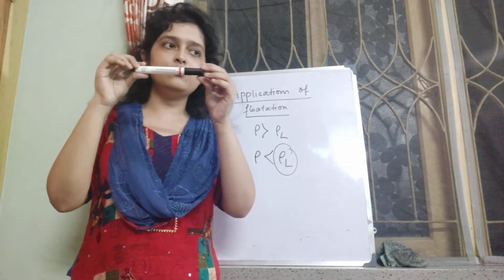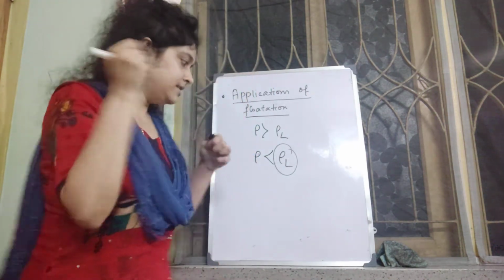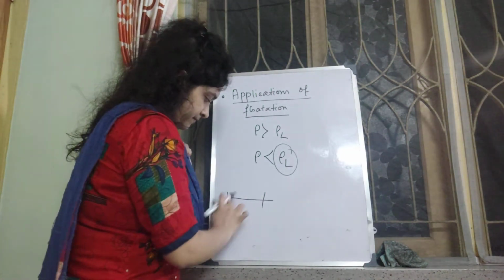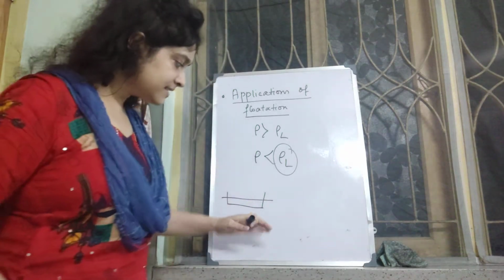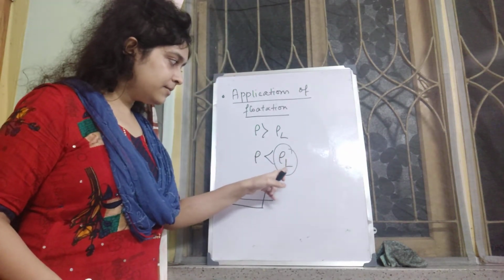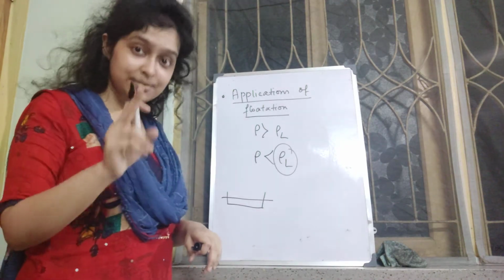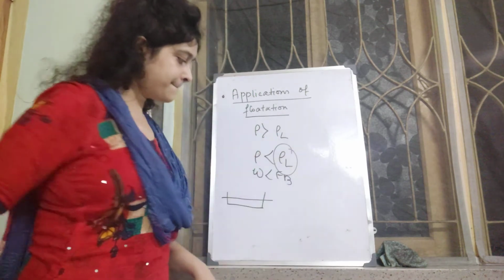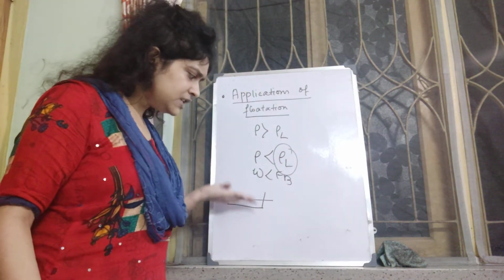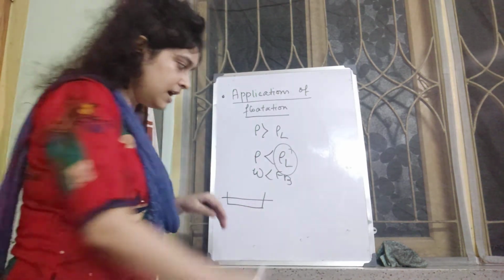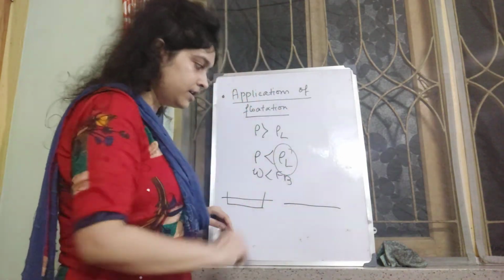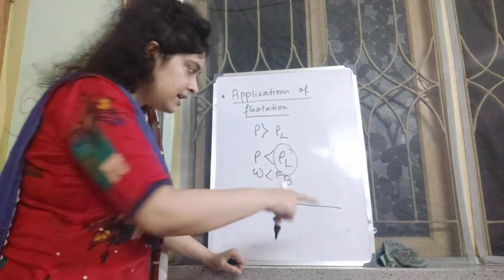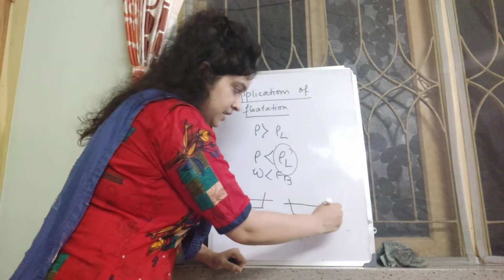Because the density is more, the upthrust is more, so the ship will not move down much farther. But as soon as it moves to the river water, the density of the water is less. Therefore, it will submerge a bit.